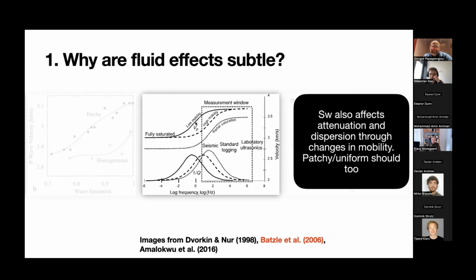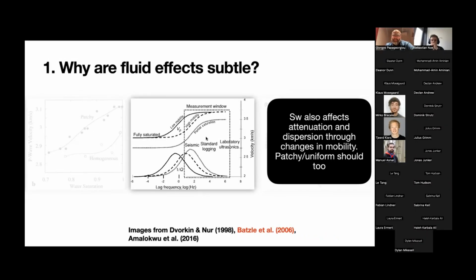And it's conjectured that this characteristic frequency, the bit where this thing kicks off, is dependent on the mobility of the fluid, essentially, in the rock. If you have a low mobility, you have some frequency. If you have high mobility, a different frequency. And the question arises, what happens when you have partial saturation, because the mobility changes under partial saturation. This was a conjecture. This was drawn by hand, essentially, from Batzle.